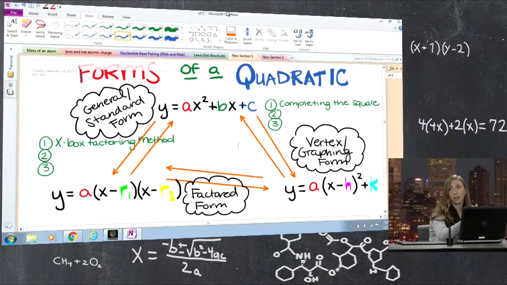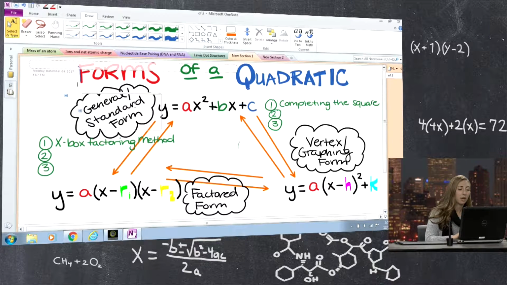On my screen I've got just kind of a graphic that I'll talk about really quick about quadratics. There are three common forms of what a quadratic can look like. We talked last time about what makes a quadratic, which is this x squared, or this power of 2 here.